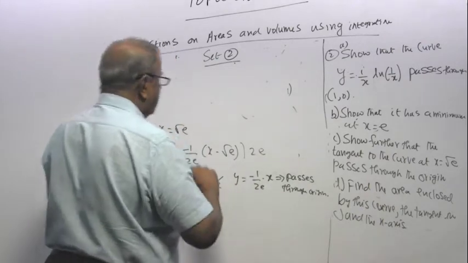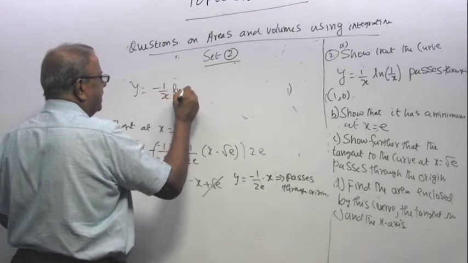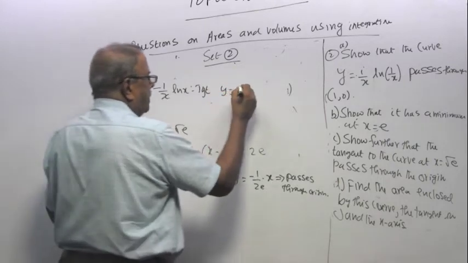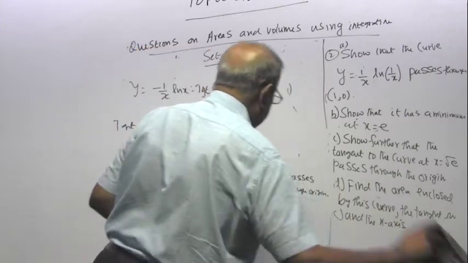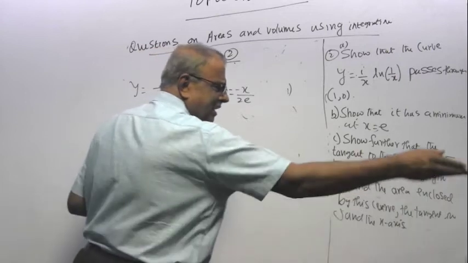I need the equation of the tangent and the equation of the curve. What is the equation of the curve? y equal to minus 1 over x ln x, and the tangent is y equal to minus x over 2e. It passes through the origin. You don't have to really draw the graph.